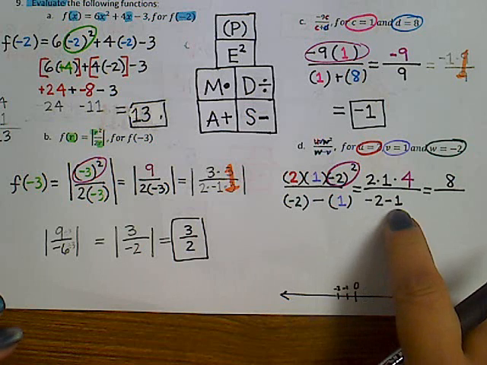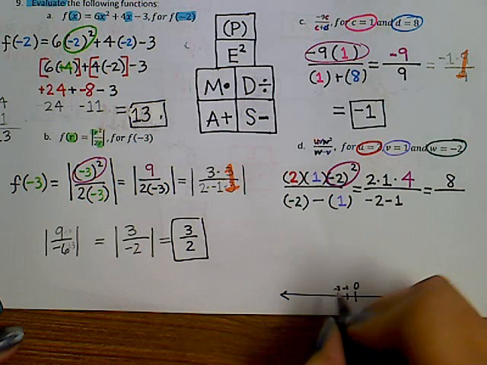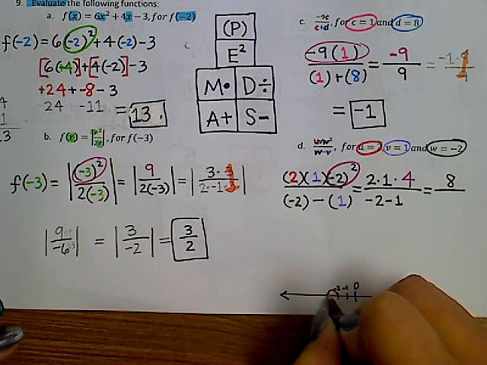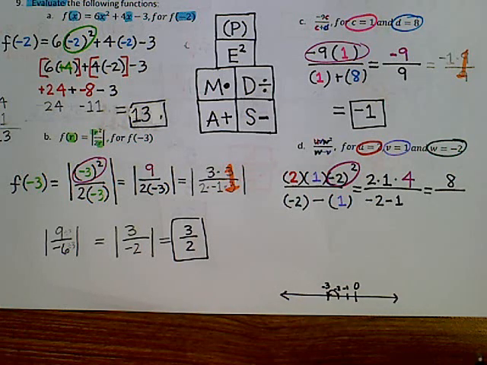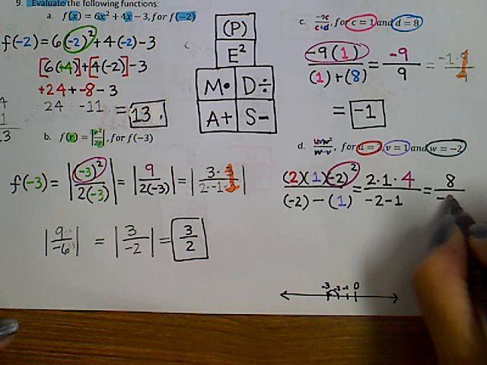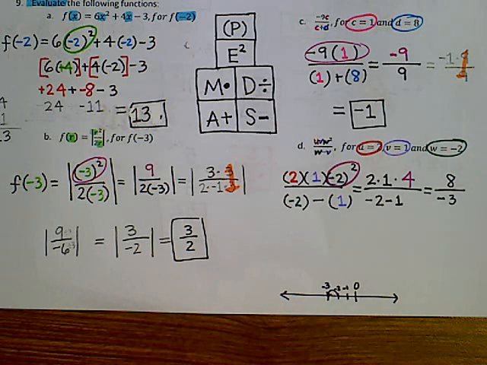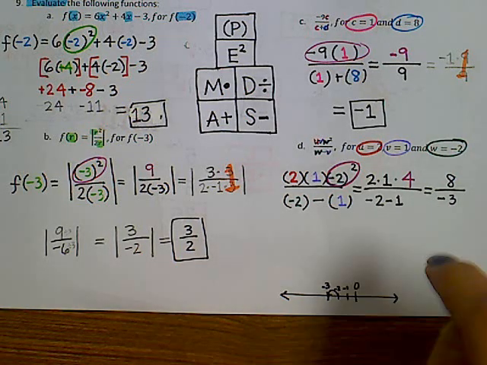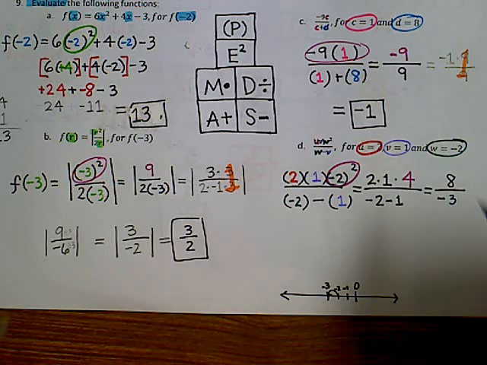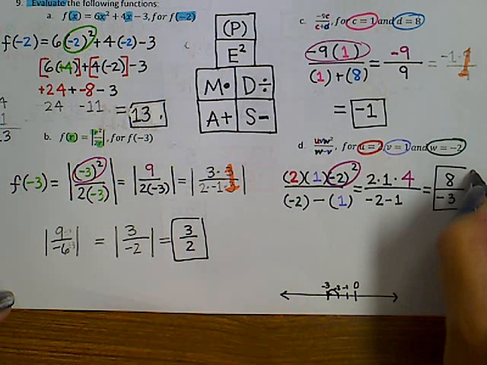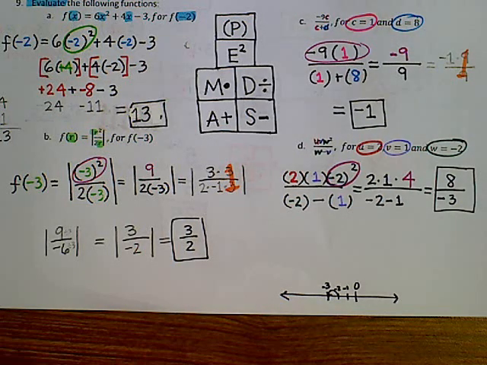Now, in order to subtract 1, I would go on over here, and that would give me negative 3. Now, 8 and 3 do not have anything in common, so, well, that's your final answer. And that is the end of the back side of page 1.